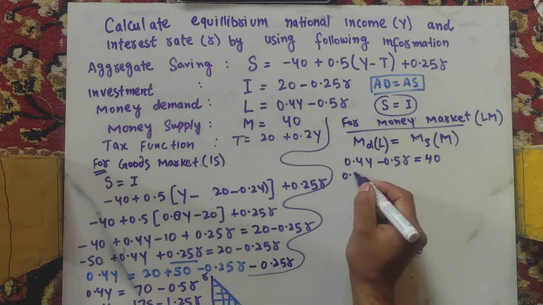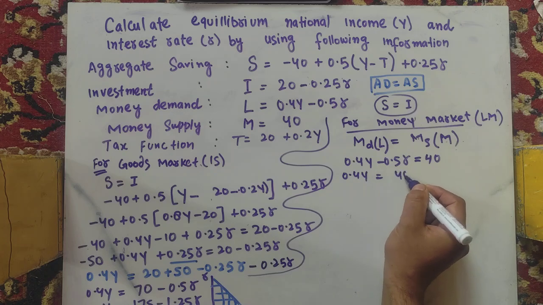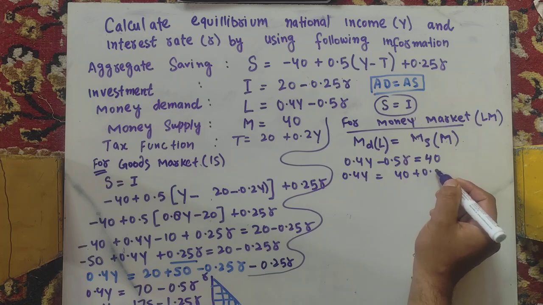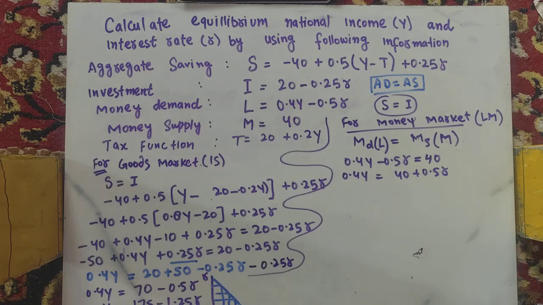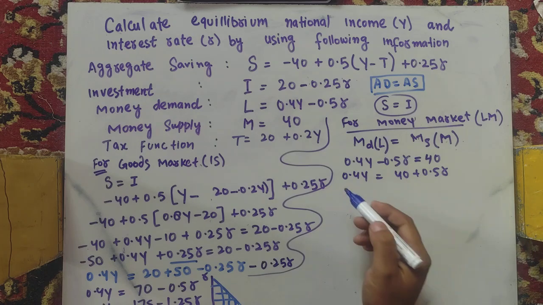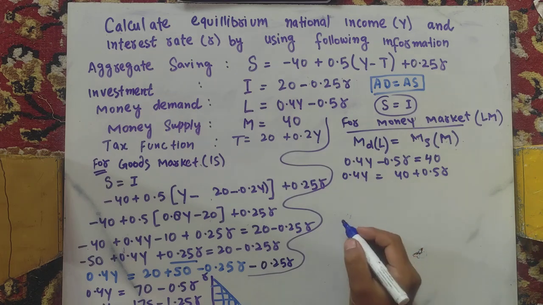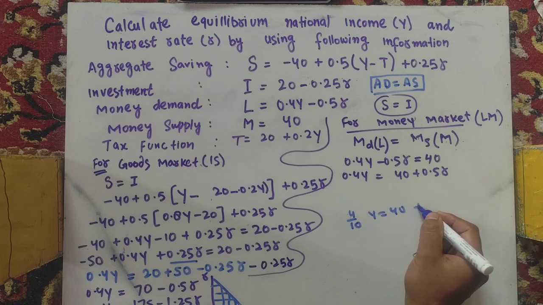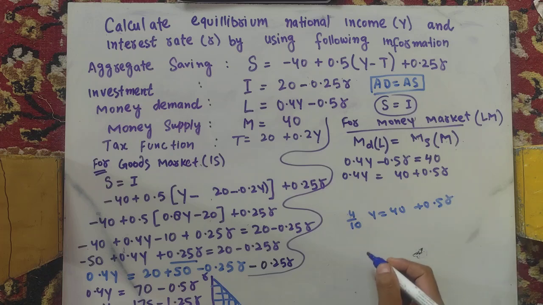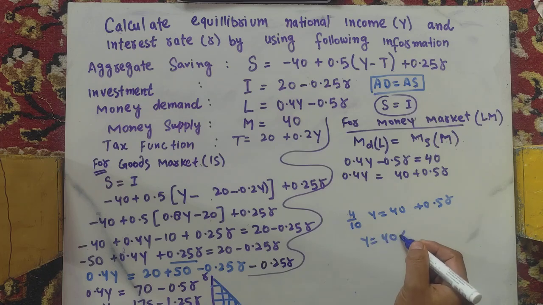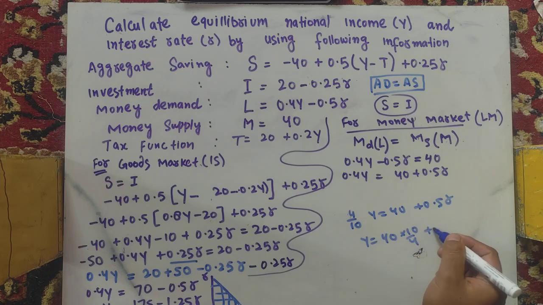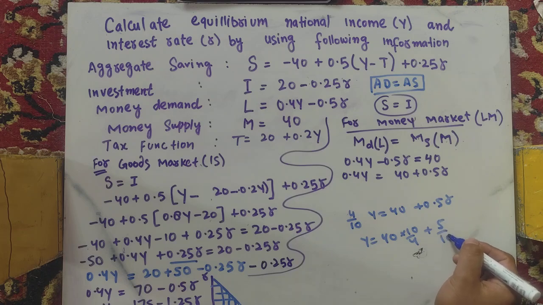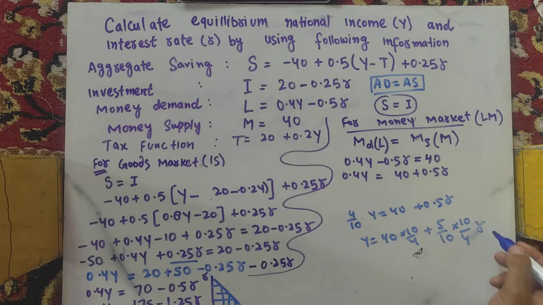So 0.4y is equal to 40 plus, transposed, 0.5 r. Writing 4 upon 10 y is equal to 40 plus 0.5 r, y will be equal to 40 into 10 upon 4 plus 5 upon 10 into 10 upon 4 r.